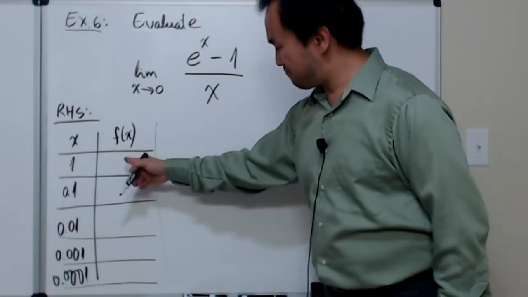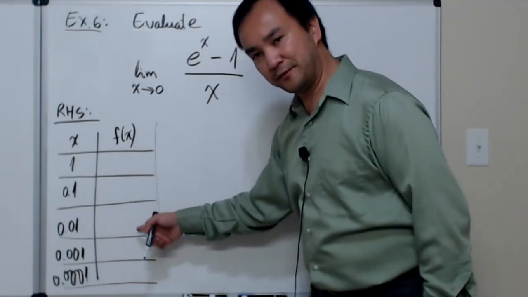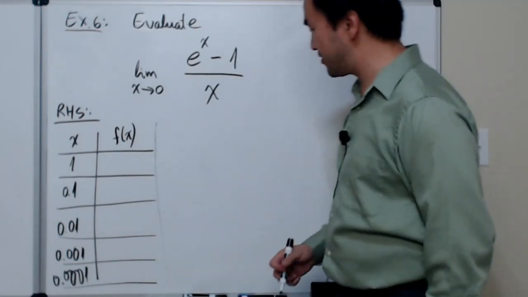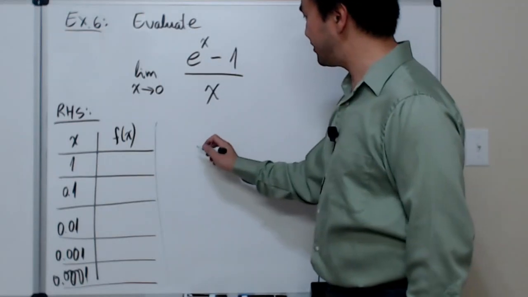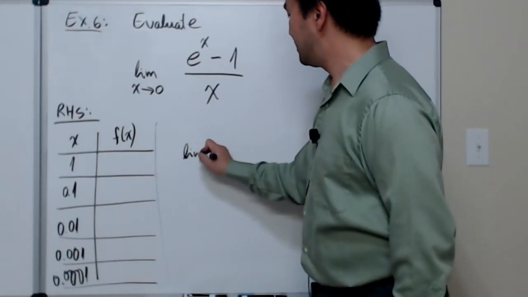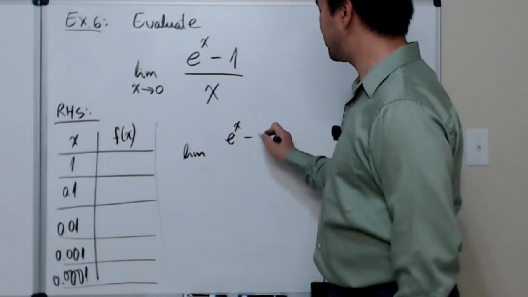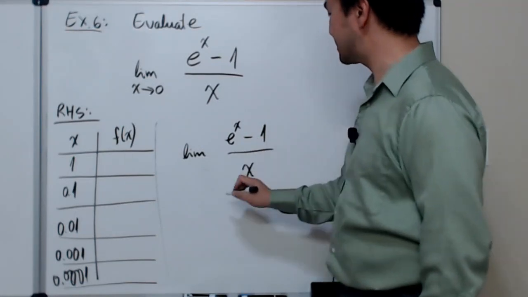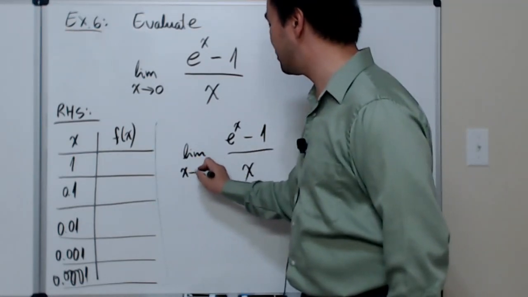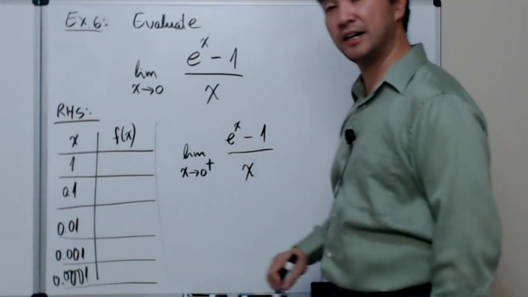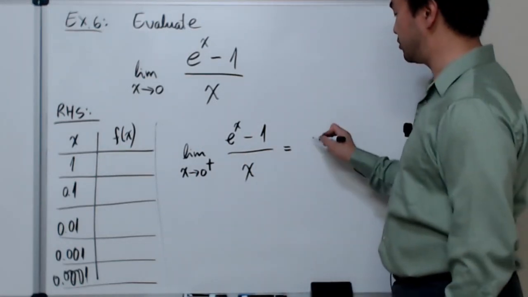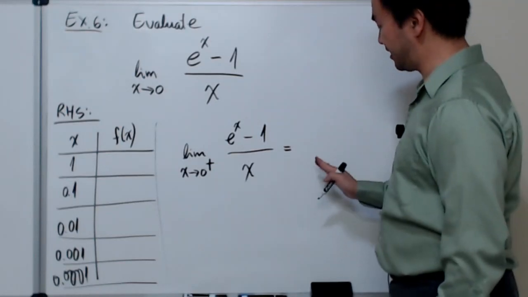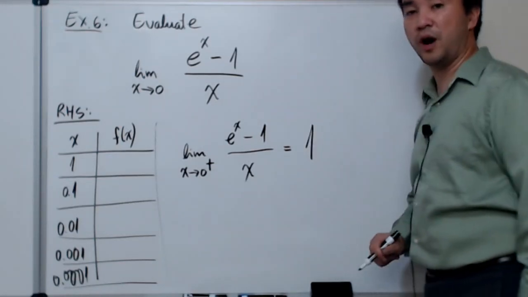After you've filled out your output values on the table, I hope your prediction agrees with mine. For this function e to the x minus 1 over x, as you let x come close to 0 from the right-hand side, this limit is also coming out to 1.